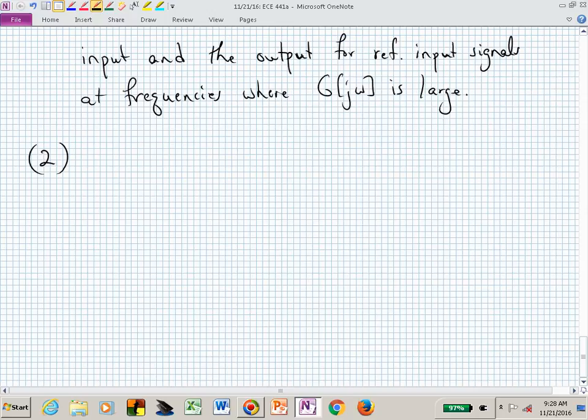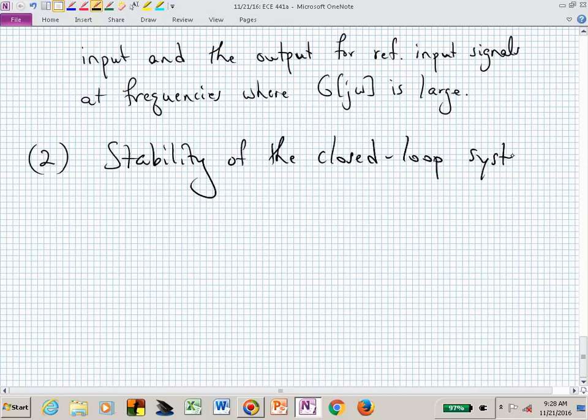It's not hard to sort of understand. So stability of the closed loop system is governed by the denominator, or this 1 plus g of s.